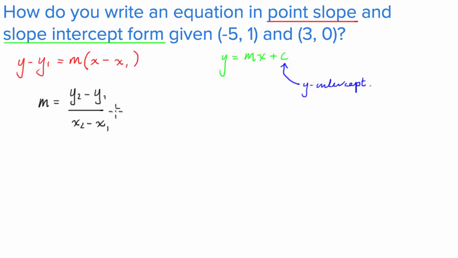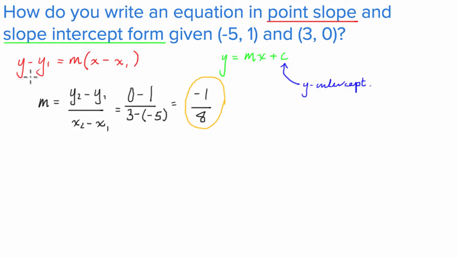Our y2 point is going to be 0, take y1, which is just 1, divided by x2, 3, take x1, -5, which is equal to -1 over 3 plus 5, which is 8. So this is our gradient.